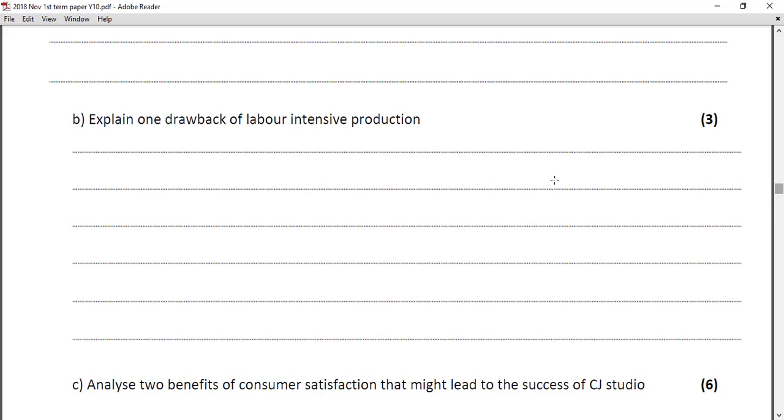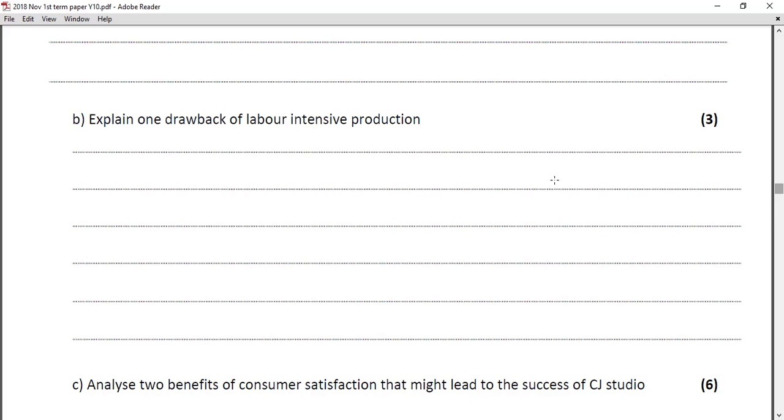And also, one drawback of labor-intensive production, you have to compare with machine capital-intensive, right? A labor-intensive business is sometimes very unreliable. Sometimes people are leaving, they get sick, and they get absent. So labor-intensive production has to be managed very, very carefully.